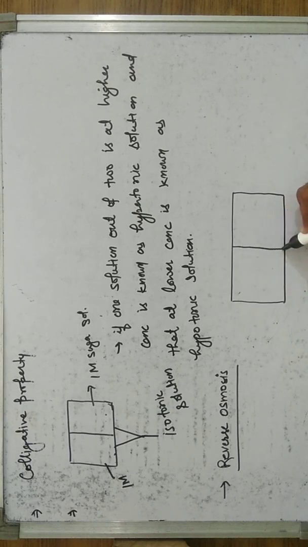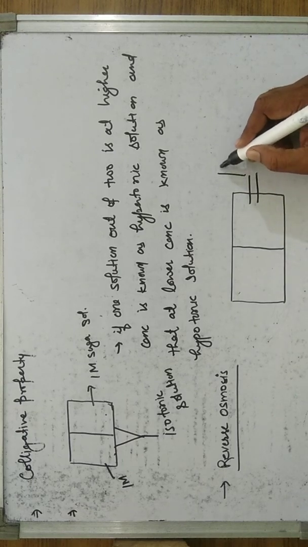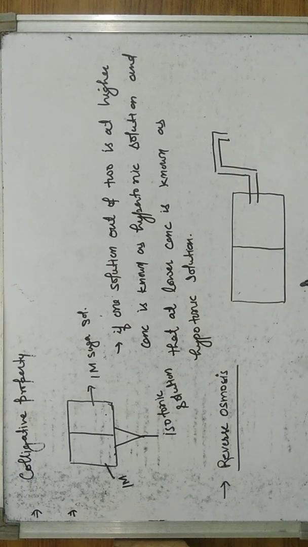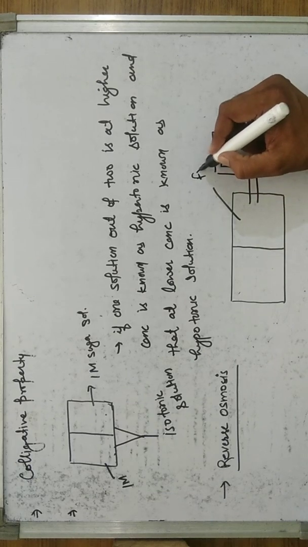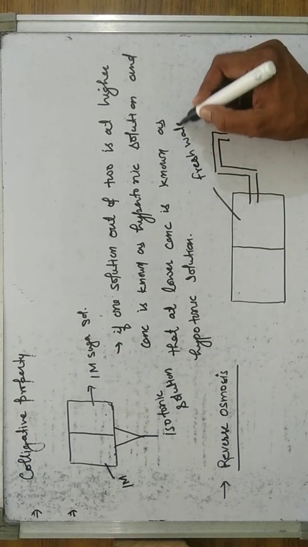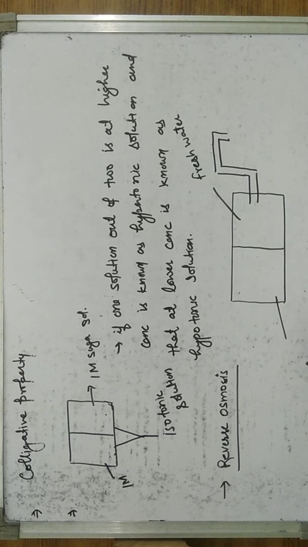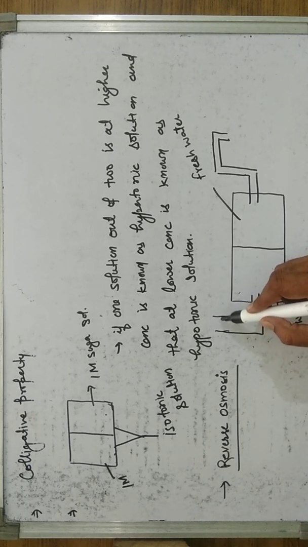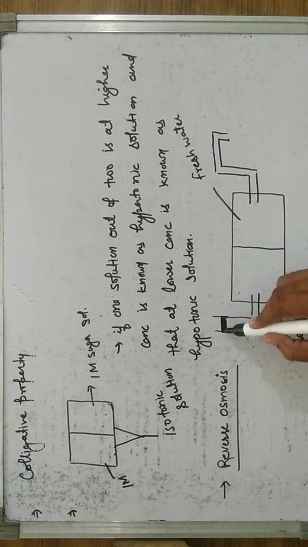This is separated by a semi-permeable membrane, and this is the outlet. This portion contains the fresh water, and this portion of RO contains the sea water, and this is the inlet for adding the sea water. Here we fit a piston to apply the pressure. Let us understand the reverse osmosis.